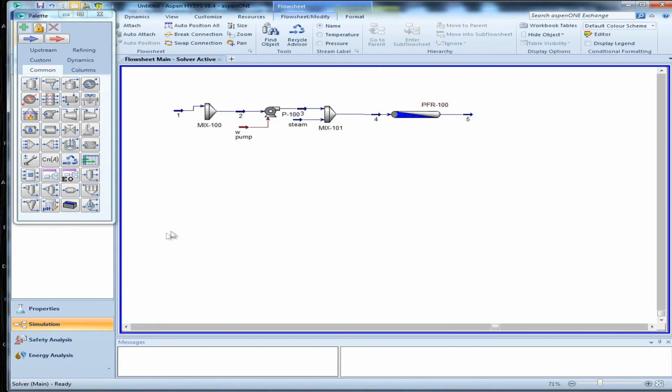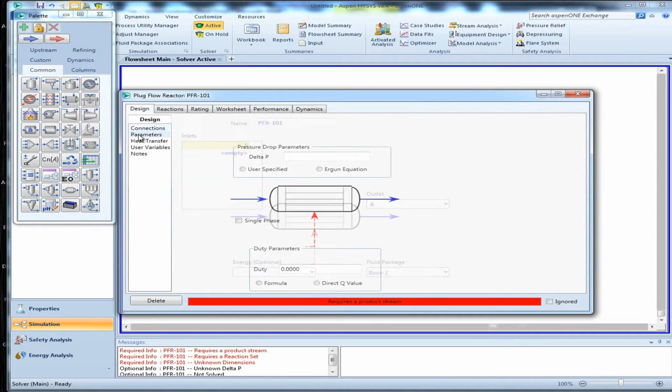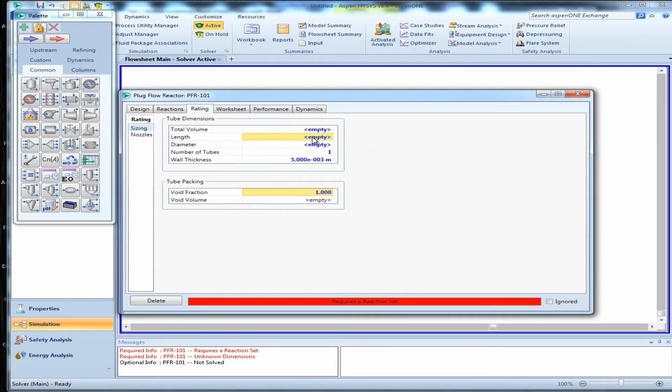Okay, we do have to put another reactor here. It is probably the same. So I put the Ergun equation to calculate the pressure drop, and then the length is shorter with a smaller diameter, but still 5 tubes.